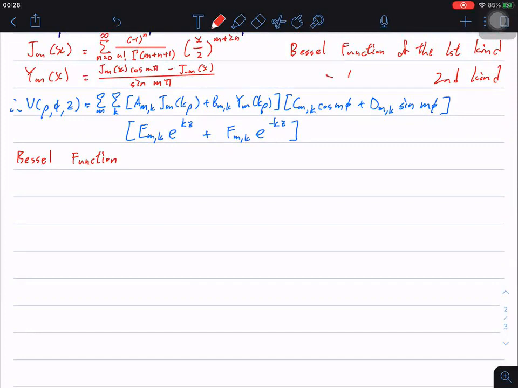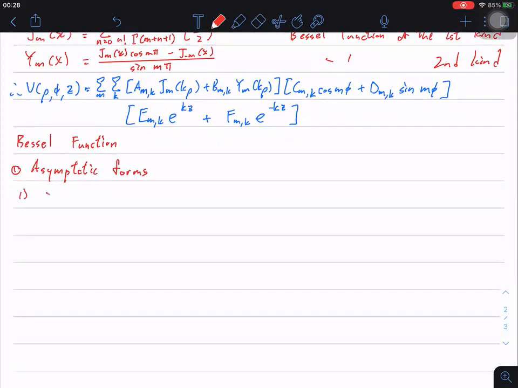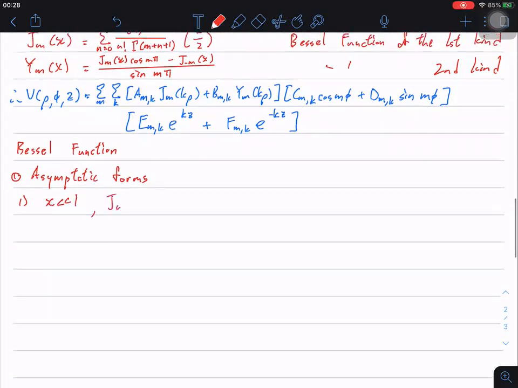The first property I want you to notice is the asymptotic forms of the Bessel function. First of all, we consider very small x, a very small parameter. In that case, the Bessel function of the first kind Jm is roughly proportional to x to the power n.